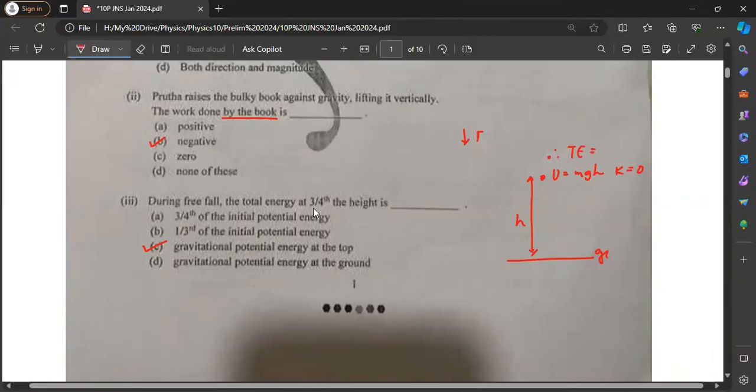Therefore total energy is equal to mgh. Now at any given point the total energy will remain constant, whereas kinetic energy increases and potential energy decreases as the body goes down.